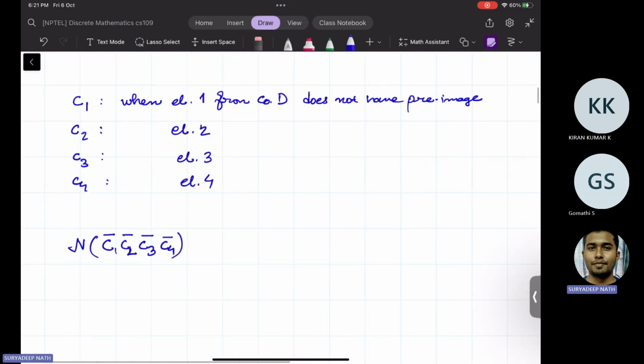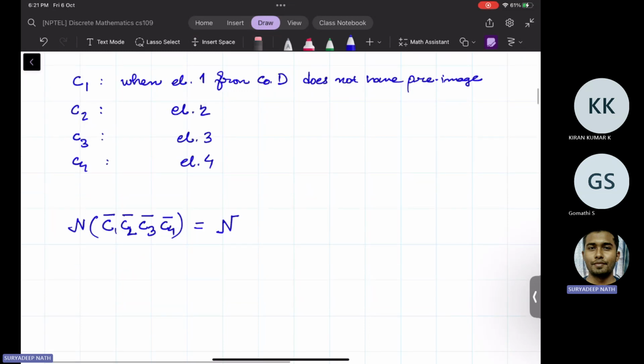So by the simple inclusion-exclusion principle, we have n, which is the total number of functions, minus n of C1.